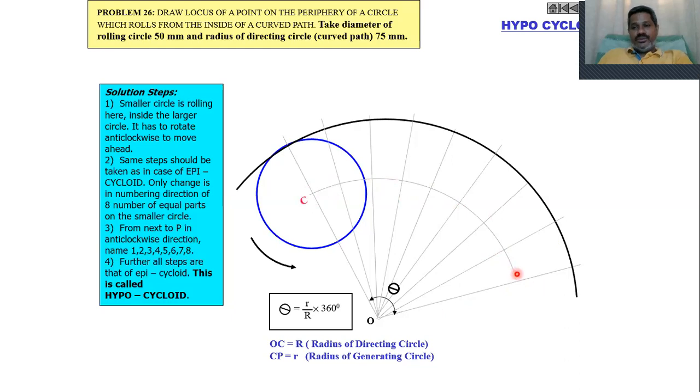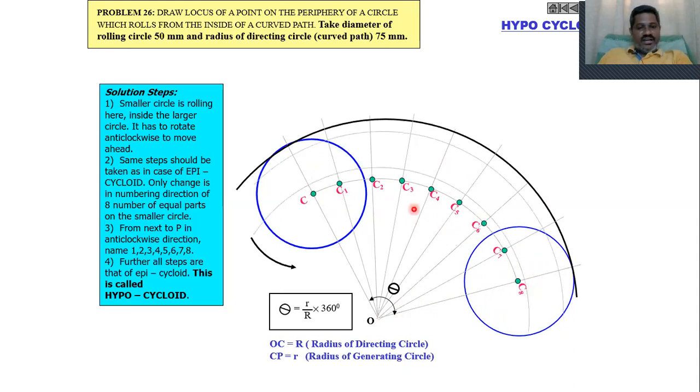This curve is going to intersect the divided lines of the sector. We will get all the intersection points. Those intersection points will become the center points to draw the hypocycloid, and name all those points as centers C1 to C8 like this.